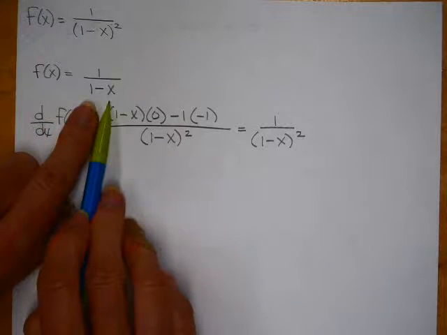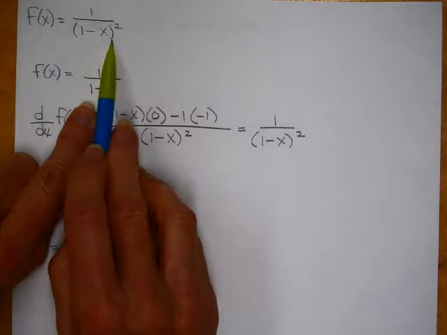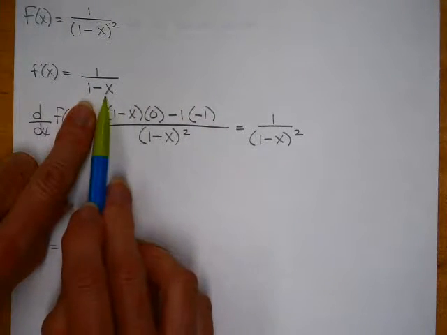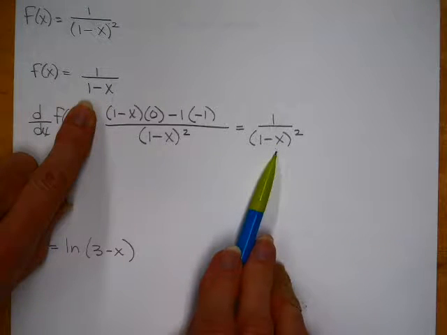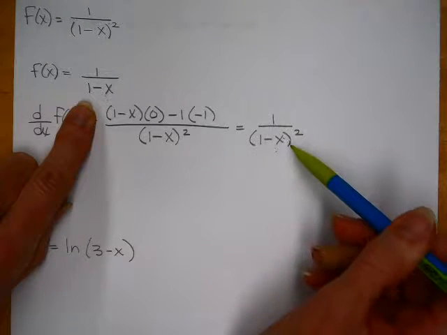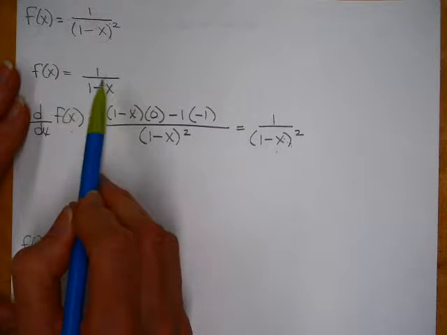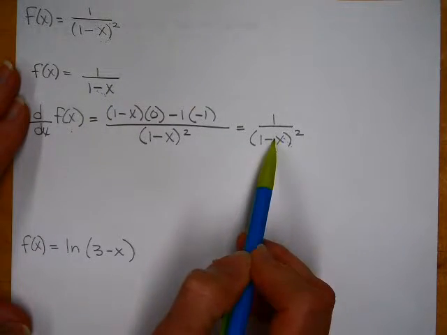I took my original function. I knew that the derivative would give me something like this. As a matter of fact, the derivative of this gave me this exact function, which means if I want to find a power series for this, all I have to do is whatever I did to this. I took the derivative to get to this.